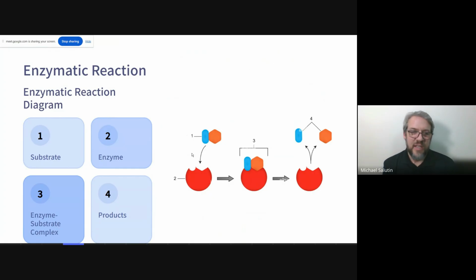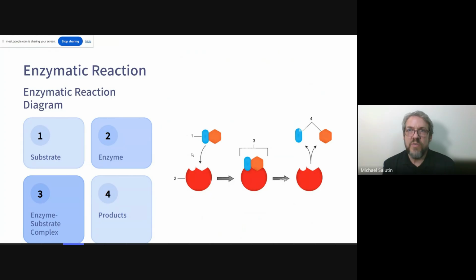The substrate fits perfectly for only one type of substrate. For catalase, it only fits perfectly with hydrogen peroxide, and it will only bind to and react with hydrogen peroxide. So in that case, hydrogen peroxide is the substrate, and catalase is the enzyme.